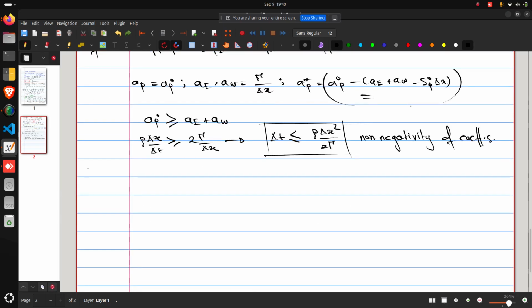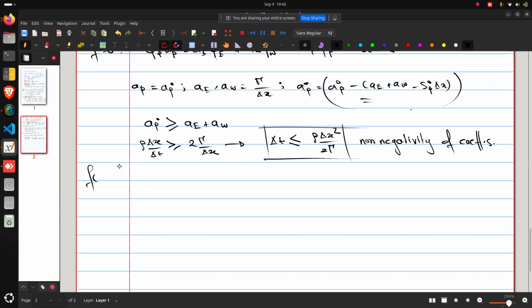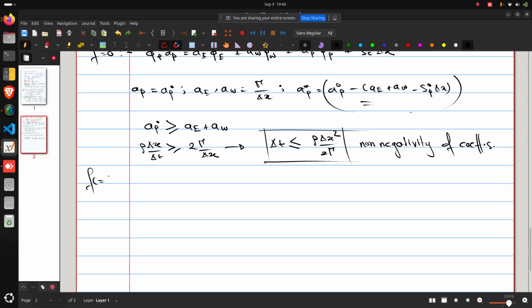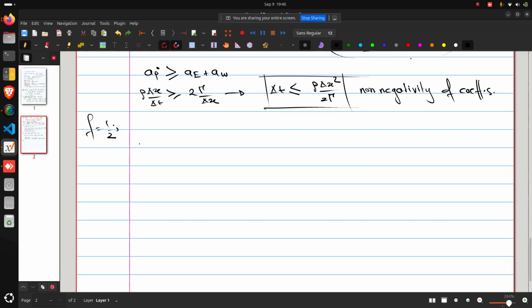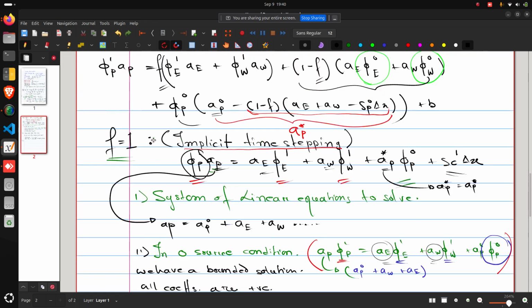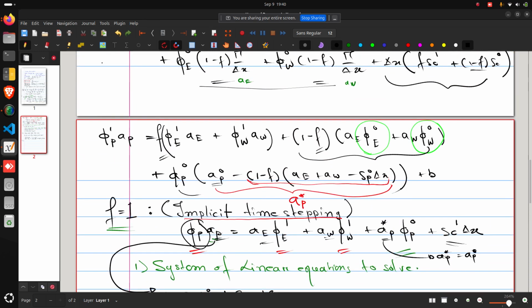Now what about if f is equal to half? What then? If f is equal to half, let me just copy this whole thing, make life simpler.